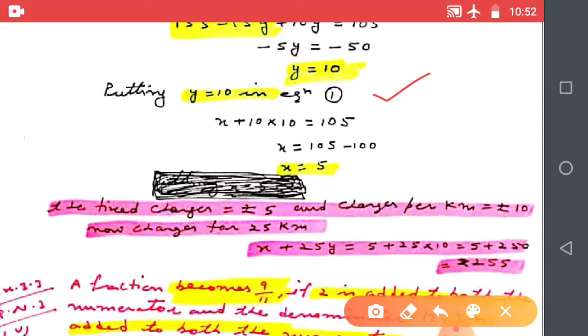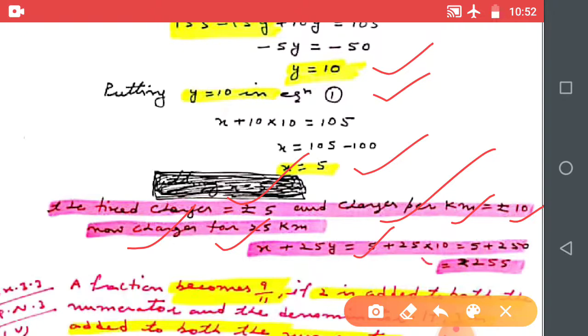So ultimately x is equal to 5 and y is equal to 10. So the fixed charge is 5 rupees and the charge per kilometer is 10 rupees. Clear? Now we need to find the charges for 25 kilometers. So x plus 25y, so 5 plus 25 into 10, that is 5 plus 250, which is 255 rupees.